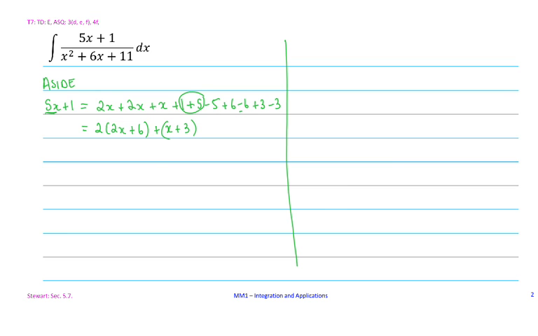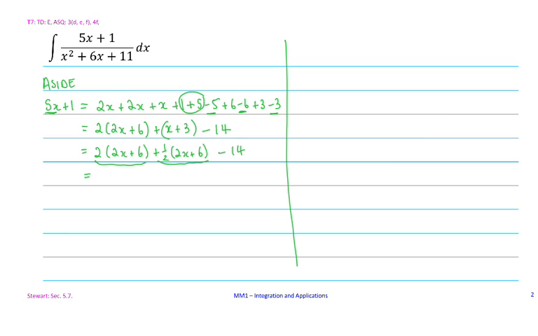And then, taking all these minuses, we've got minus 9, minus 5, so that's minus 14. If we take a half out here, we have 2x plus 6. That's a common factor now.